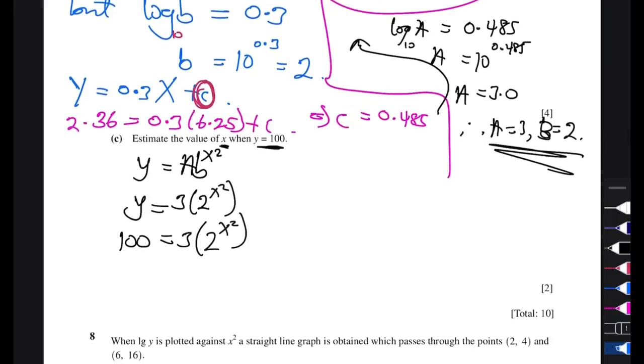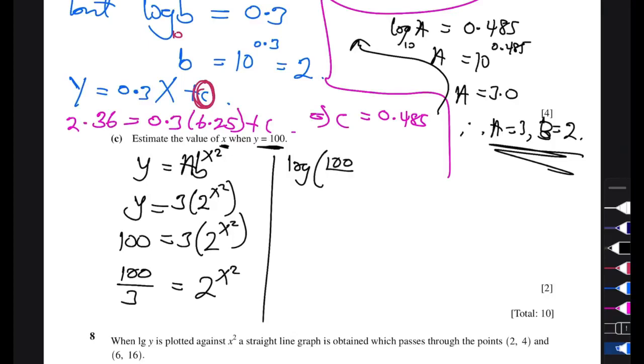All right, so we can divide by 3. We can have 100 over 3 is equal to 2 to the power x squared. Then you can take the log of both sides. So you are going to have log 100 over 3 is equal to log 2 to the power x squared.